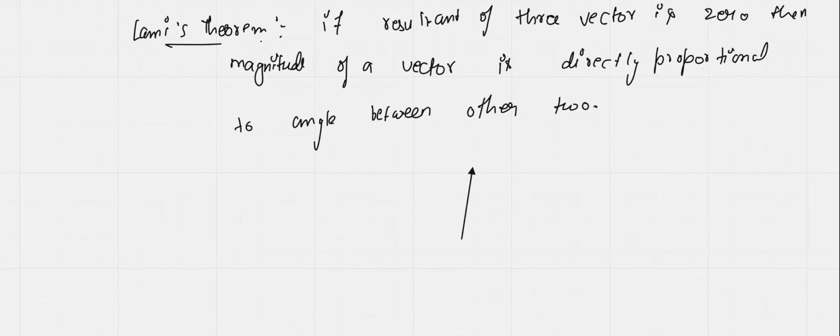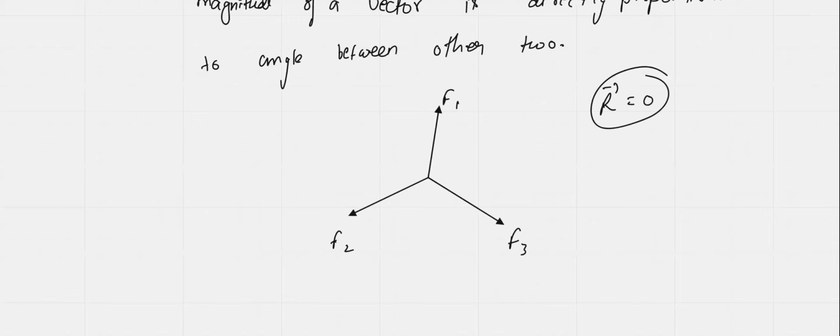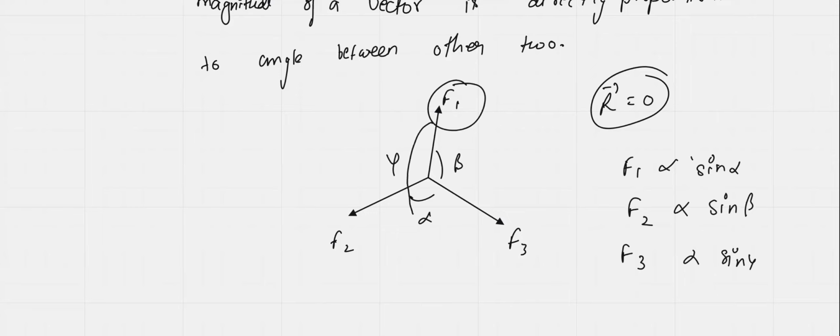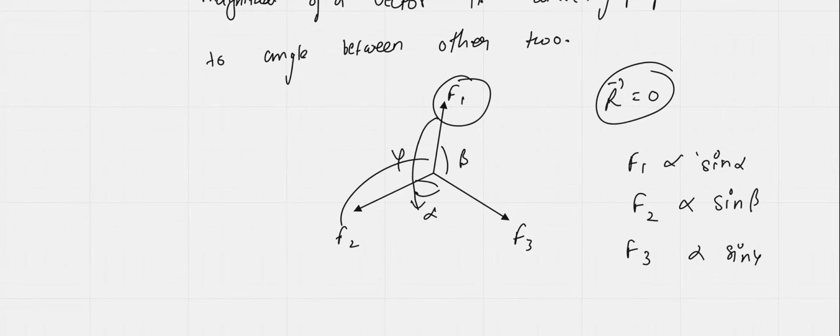If this is alpha, beta, and this is gamma, then F1 is directly proportional to sine alpha, F2 to sine beta, and F3 to sine of gamma. The magnitude of a vector is proportional to the angle directly in front of it, between the other two vectors.